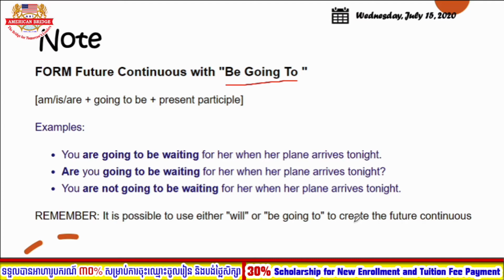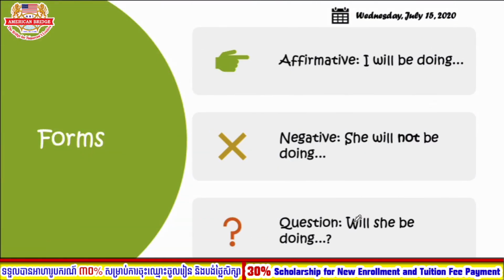Now let's look at the form of the future continuous. We have the affirmative form, which is the positive form of future continuous. So we use subject plus will plus be plus verb ing. So will be doing something. In the negative form, we don't need to use a helping verb or any other modal verb because we already have the verb will here.